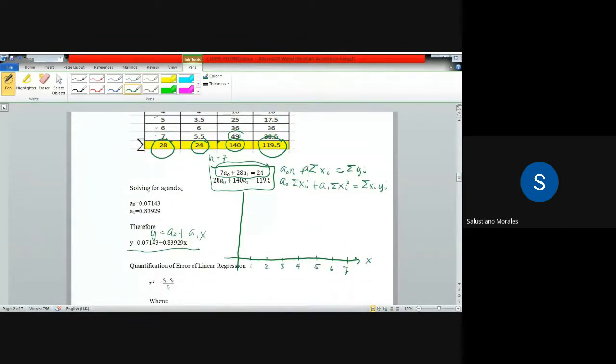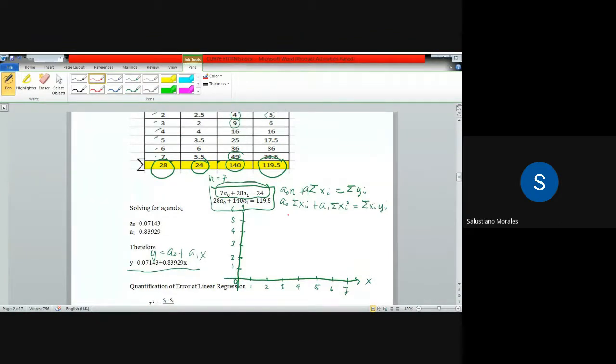So we're going to calibrate also the y-axis up to 6: 1, 2, 3, 4, 5, 6. So this is the origin. So itry lang natin na i-plot yung mga given na data points para ma-visualize natin mamaya.